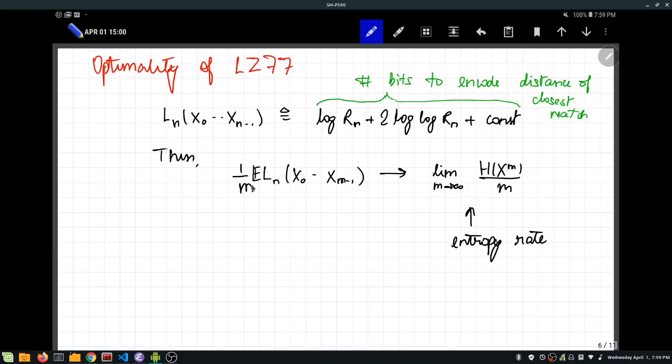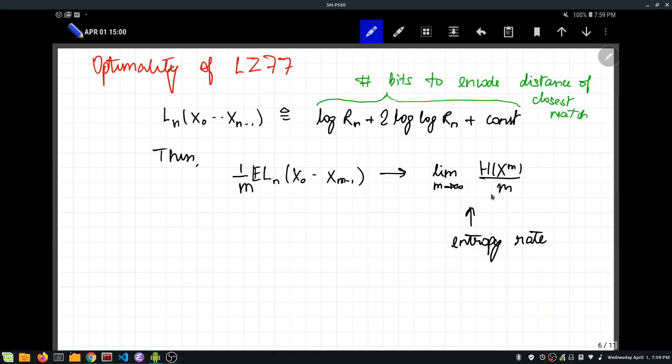Then the expected number of bits needed to encode, normalized by m, tends to the entropy rate of the source as m goes to infinity.